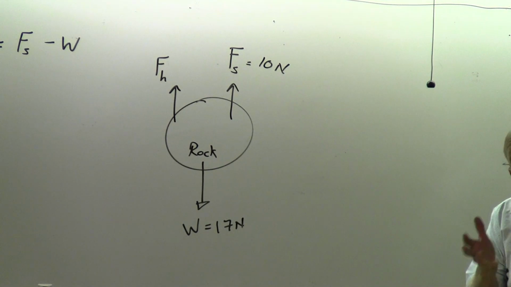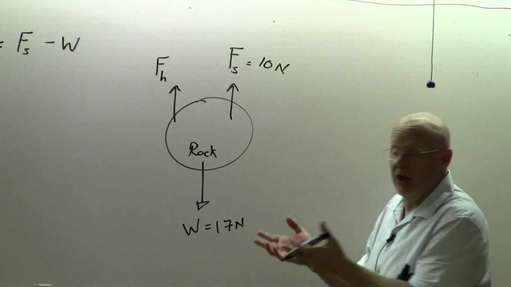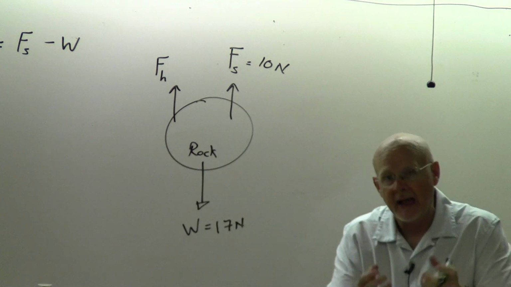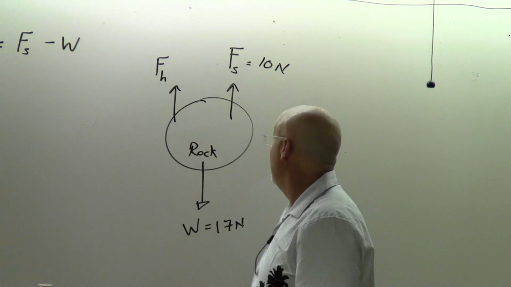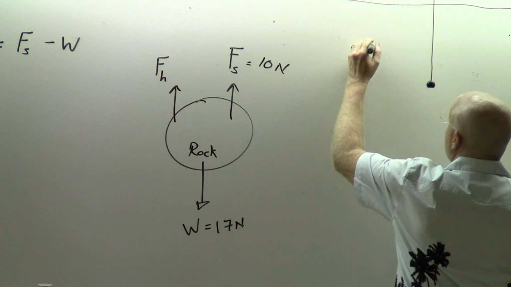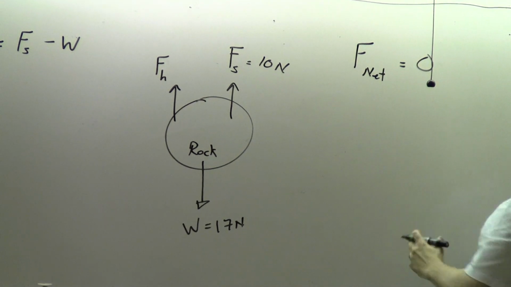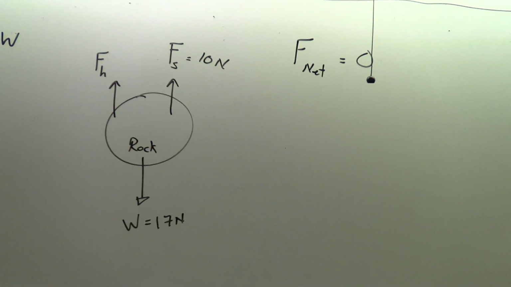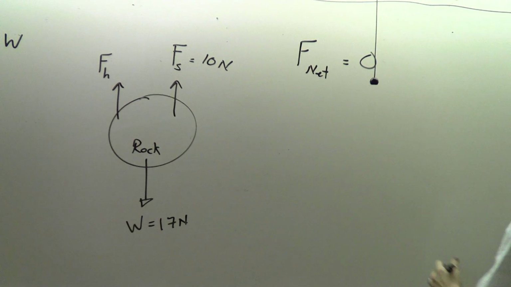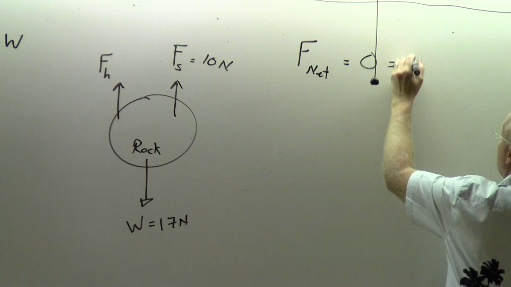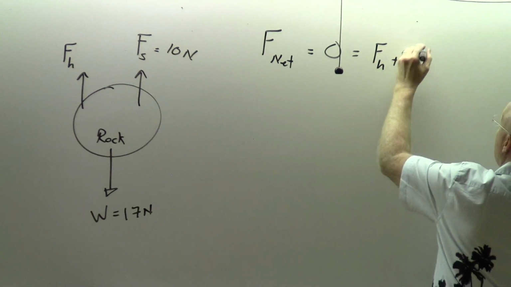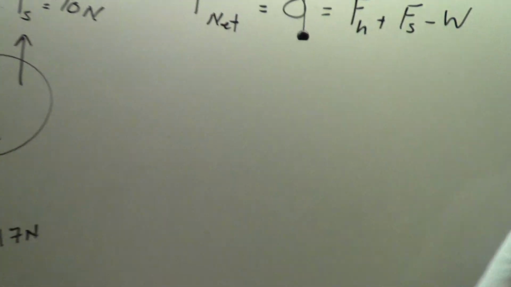What I want you to get out of this is I am not changing the weight of the rock. I am changing the reading on the scale. And what this would say then is if I was putting my hand underneath it, but the rock was stationary, the net force would be 0. And so the forces lifted up would be my hand and the scale, and the force going down is the weight.